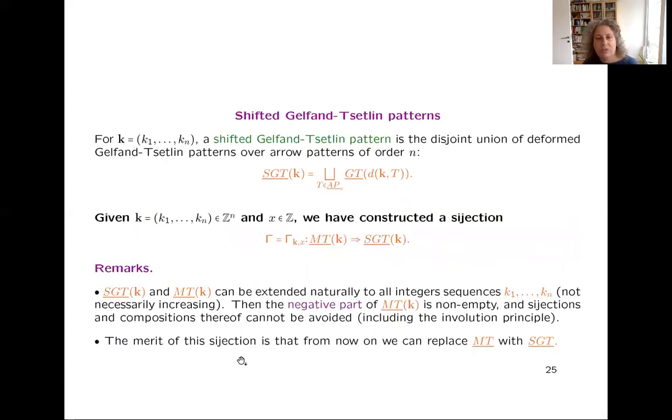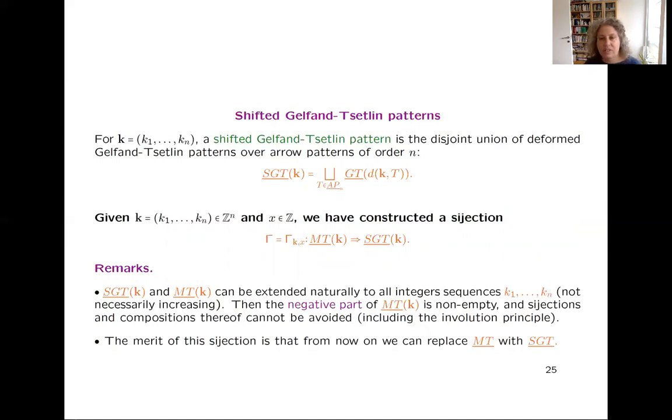Now I'm in a position to finally define shifted Gelfand-Zetlin patterns. They are just the disjoint union over all arrow patterns of order n, where we consider the deformation that is induced by the arrow pattern and take all Gelfand-Zetlin patterns with this bottom row. You might wonder why anyone is interested in these shifted Gelfand-Zetlin patterns.